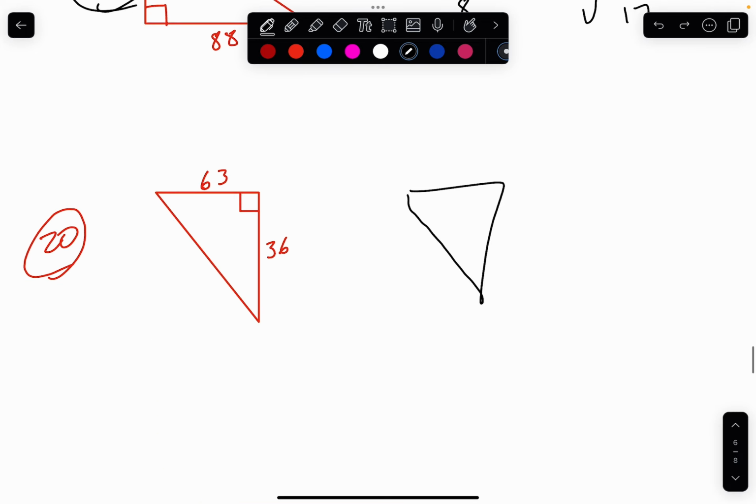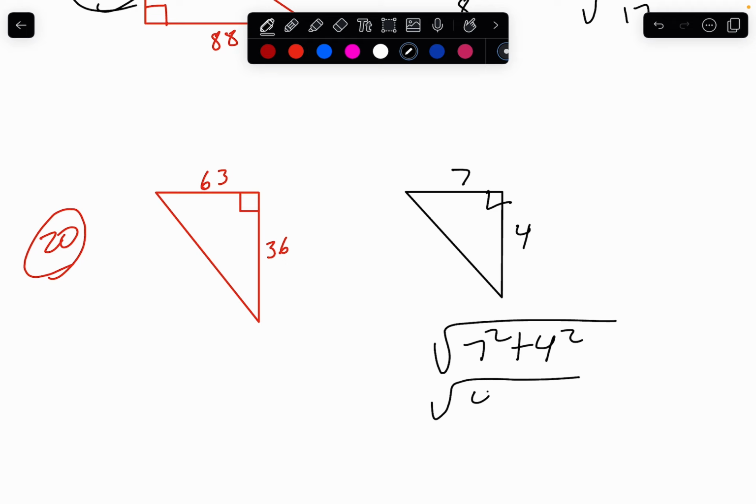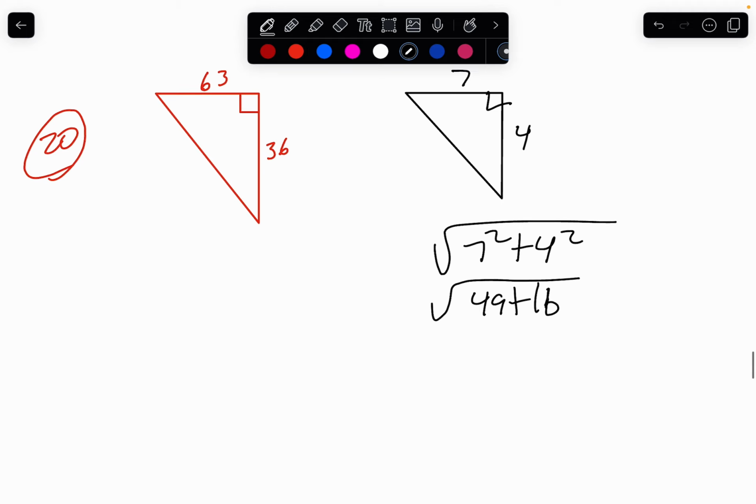All right, draw a smaller similar triangle. We've got 63, 39. Divided by 9 would be 7. Divided by 9 would be 4. Love it. This time we have the legs, so it's just the square root of a squared plus b squared, which is 49 plus 16. 49 plus 16 is 65.